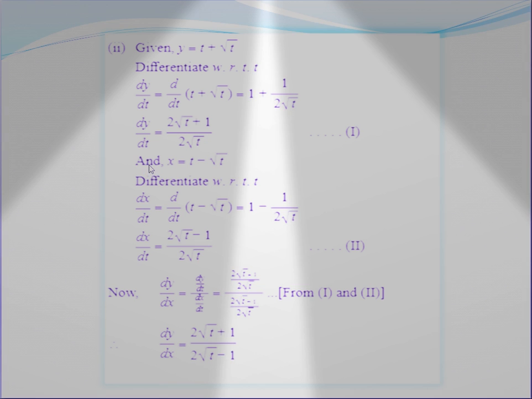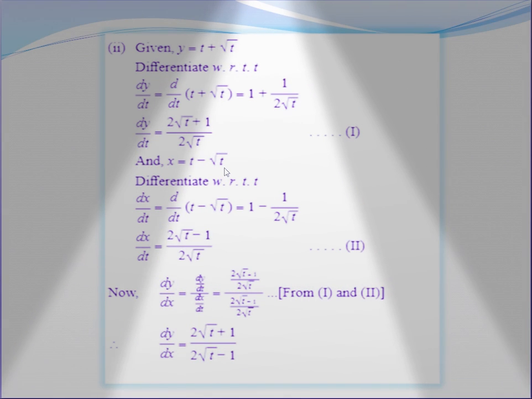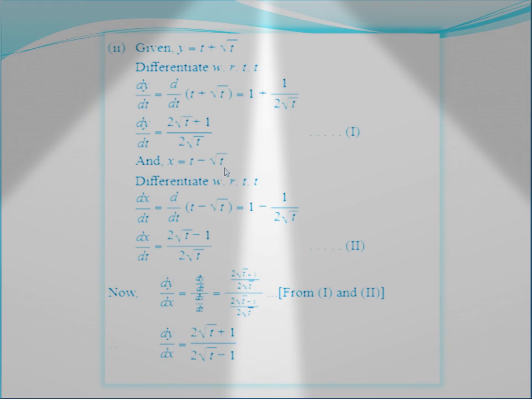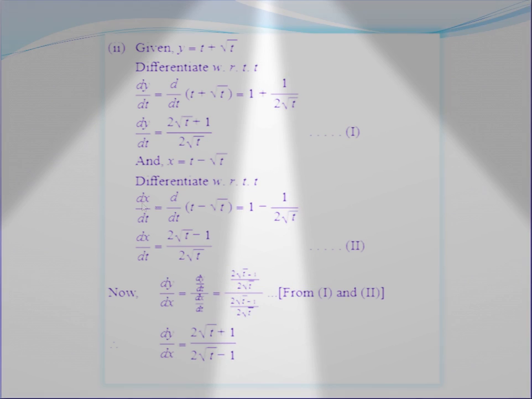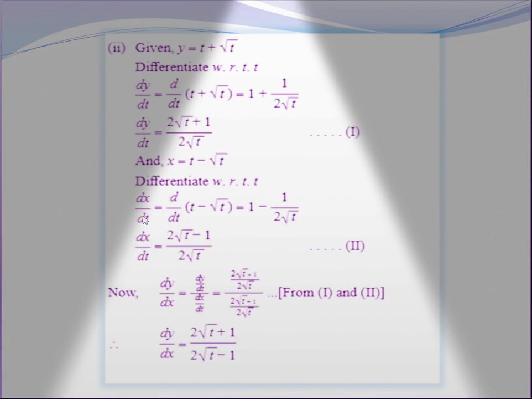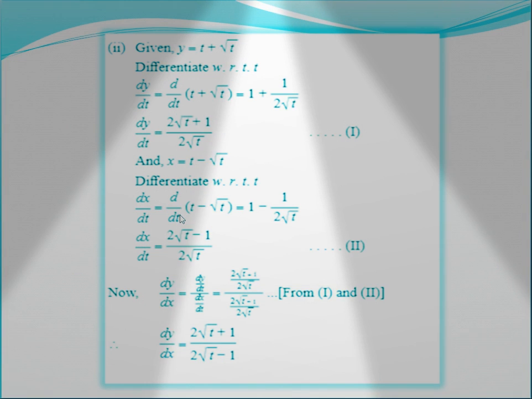Now consider equation number second. x is equal to t minus root t. Differentiate this equation again with respect to t. Therefore, the derivative of x is dx upon dt equal to d by dt of t minus root t.